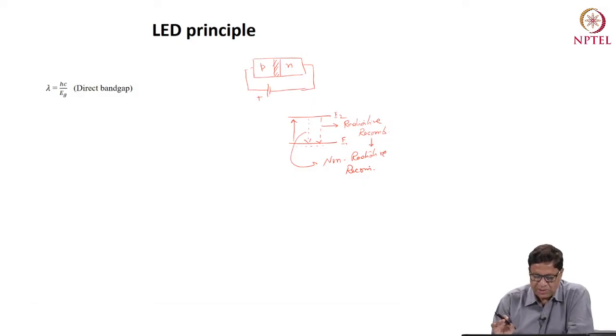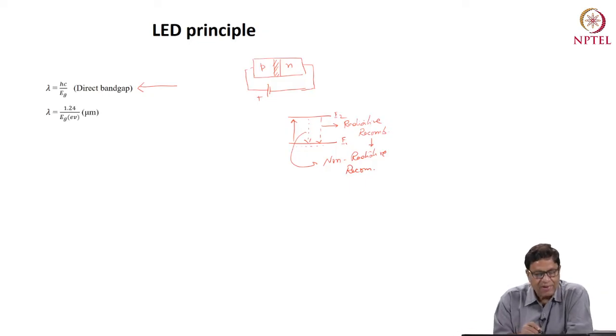So this is the basic principle of an LED, and the photodiodes are of two types: direct band gap and indirect band gap. So for direct band gap, the light which is emitted from a PN junction is given by hc. h is Planck's constant, c is the velocity of light, and Eg is the band gap energy. So the lambda which is emitted is given by hc by Eg.